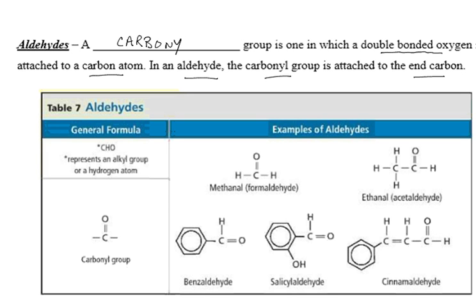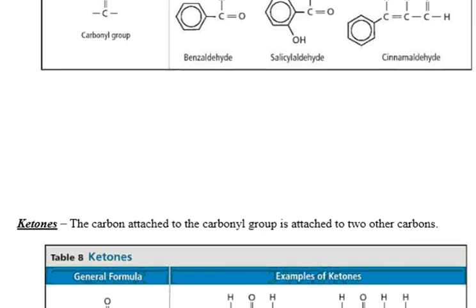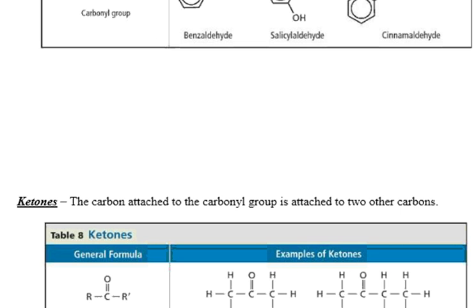A carbonyl group is a double bonded O. In the aldehydes, we draw the molecule. This came from methane, 1 carbon. We drop the E and call it methanal. Methanal.